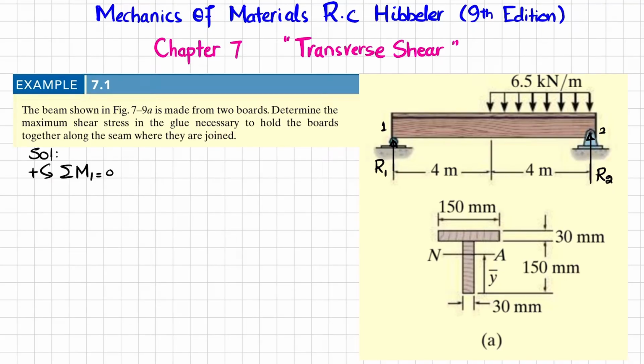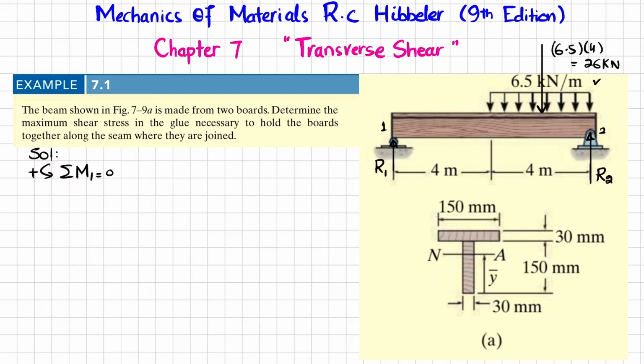So you can see there is a 6.5 kilonewton per meter load, and when this load is converted into a point load, it will be 6.5 multiplied by 4, and that will be equal to 26 kilonewton.